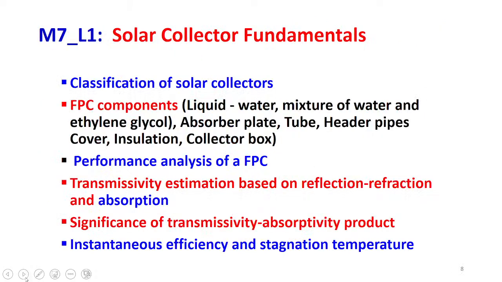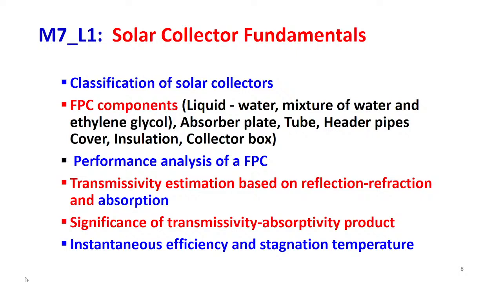In lecture 1 of module 7, we have primarily discussed the classification of solar collectors, different components of a flat plate collector, then performance analysis of a flat plate collector, then transmissivity estimation based on reflection, refraction and absorption.